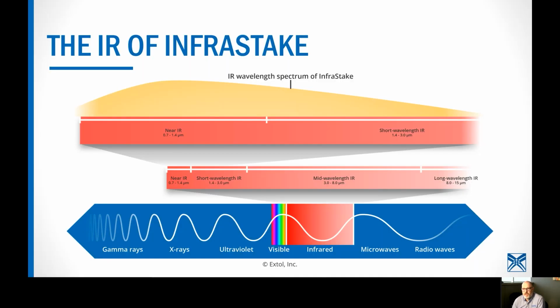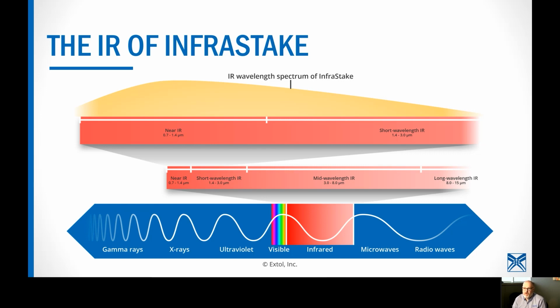Diving a little bit deeper, and this is probably about as deep as I'm going to get into the conversation, let's talk about the electromagnetic spectrum of light. The lamps we use, and we'll talk about that in the next slide or two, are halogen lamps. They're using infrared energy to stake the parts. That's measured in microns, and we're using the portion of the electromagnetic spectrum from 0.7 microns up to about 20.